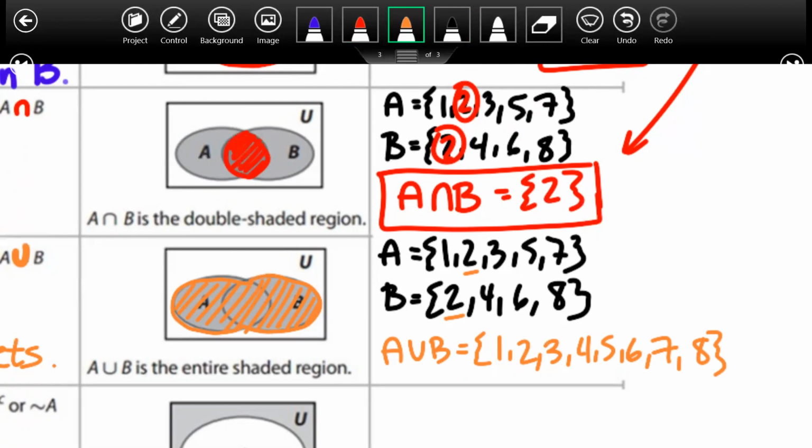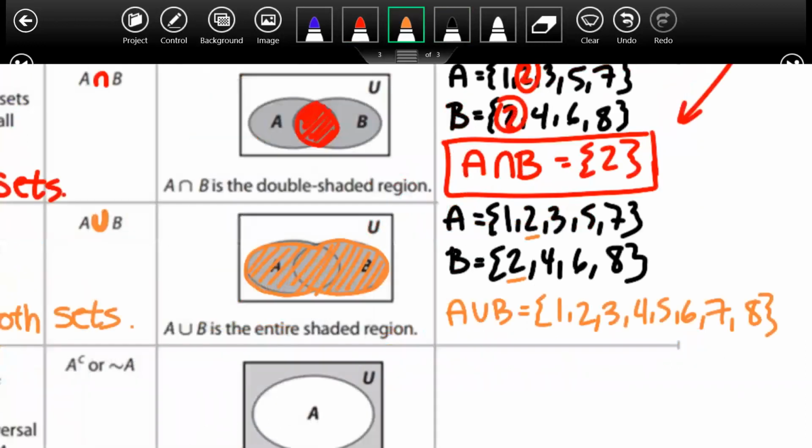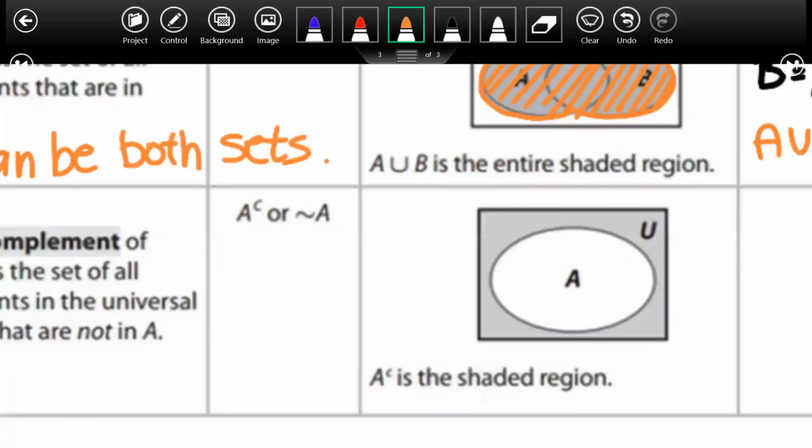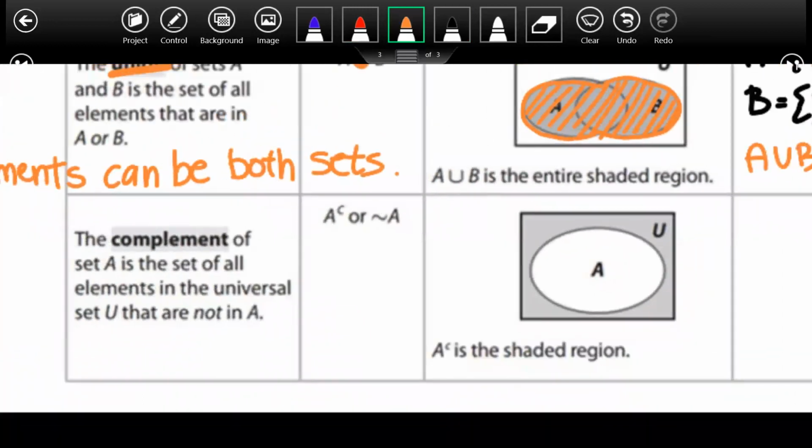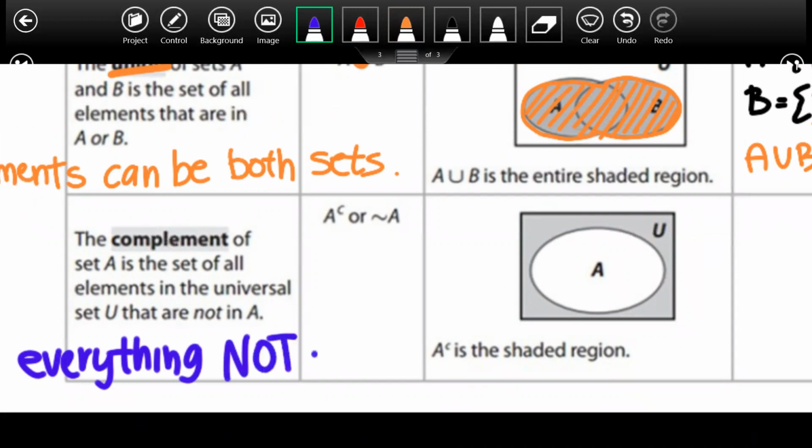The last one here is called complement. Complement is everything else. Okay? It's everything not in our set. Everything not in the set.